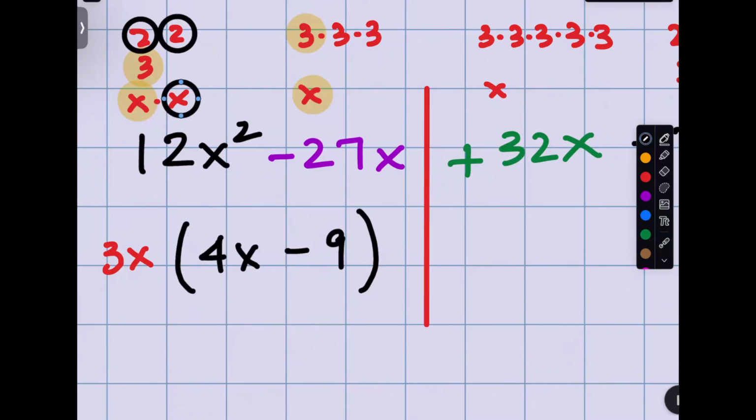Do we see where the 4x came from? Do we see where the 9 came from? 3 times 3.